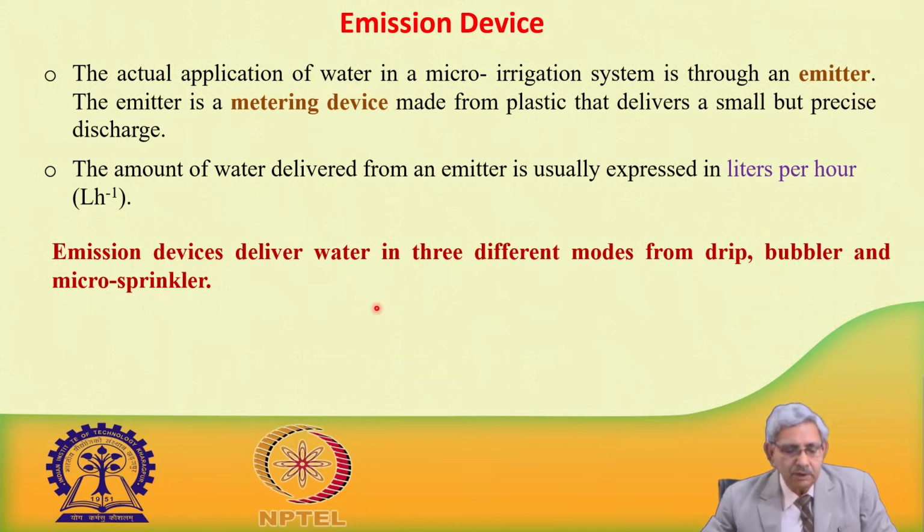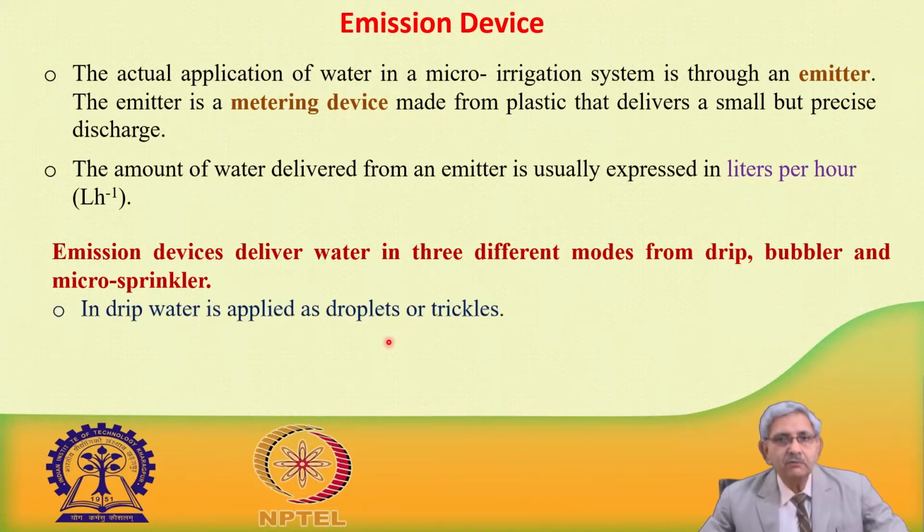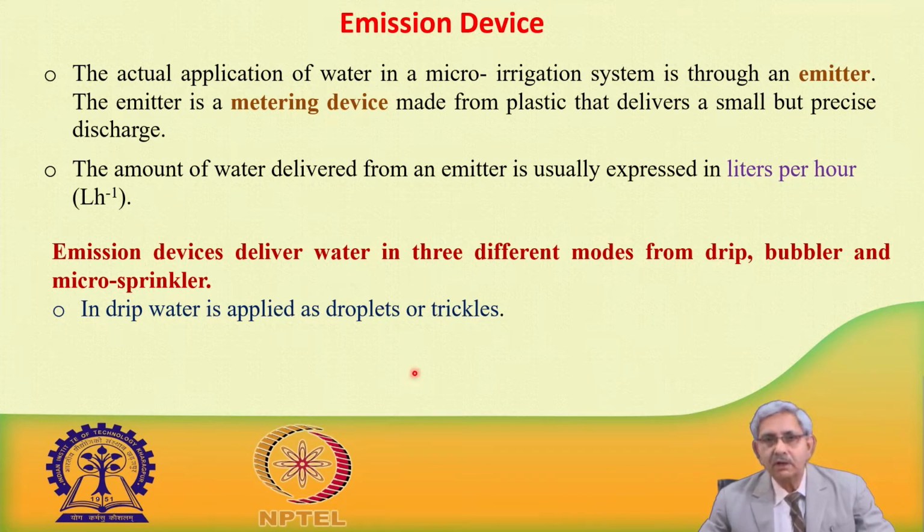Now, the water which is delivered from emission devices could be in different forms. If the water is delivered in the form of droplets or it trickles, it is applied through a drip emitter.